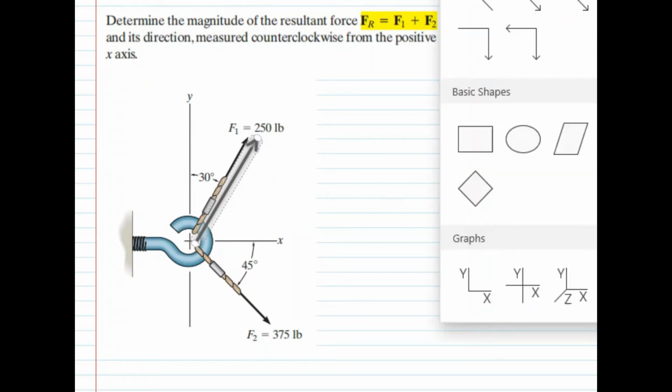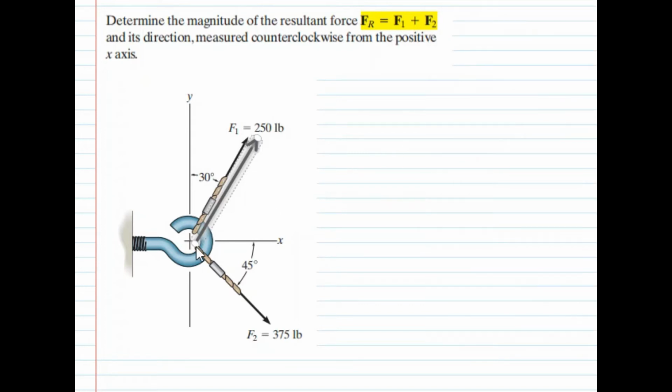Tapos, ito yung F2. Okay, hahaba natin ng konti na para medyo kapanipaniwala. Kasi, dapat, yung measurement ng arrow natin, it represents the magnitude na 250. So, kung 250 dapat to, parang itong line na to is equal to 250. Tapos itong line na to na F2 is 375. Di ba mas mahaba ang 375 sa 250? Kaya ganun ang ginawa ko, no?